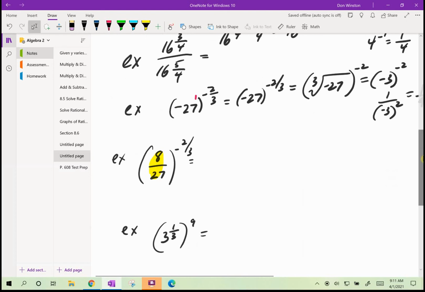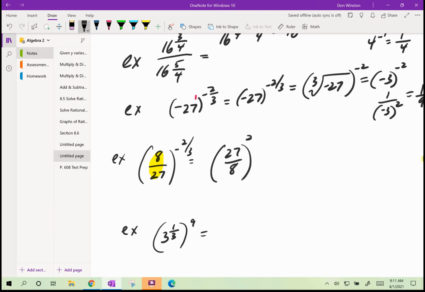Okay, the next one here. So notice here I'm taking a fraction and I'm raising it to a negative exponent, so I'll just take the reciprocal of 8 over 27, which will be 27 over 8, and then raise everything to the positive power 2/3, and then I'll distribute the exponents to exponents.